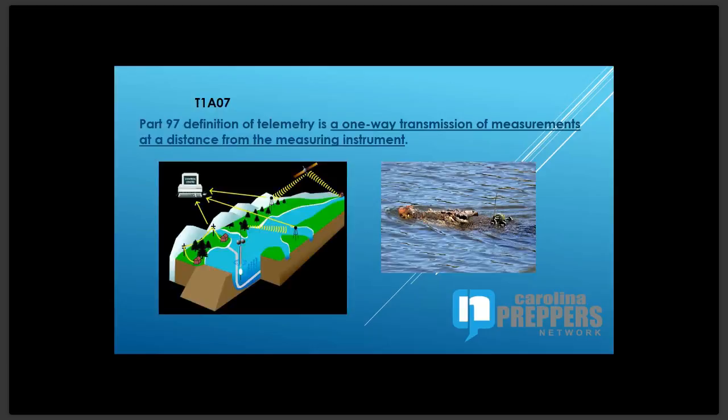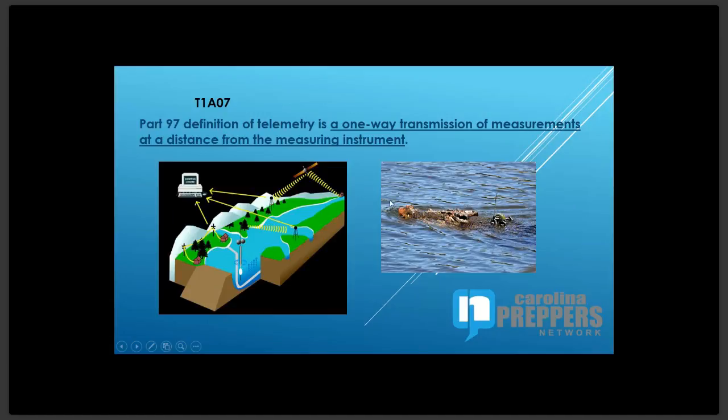And the easiest way to remember telemetry would be to think of wildlife. You know, when we put transmitters on endangered species and we track their movements, sharks, birds, and wildlife. That's telemetry. We get information back, you see this picture of the alligator and this little antenna on the back of them.